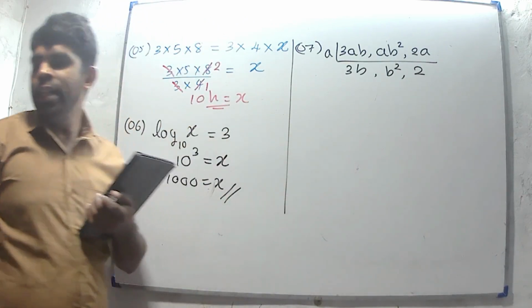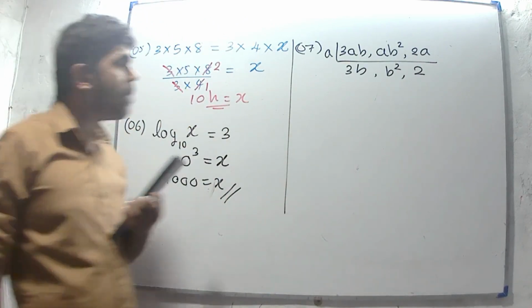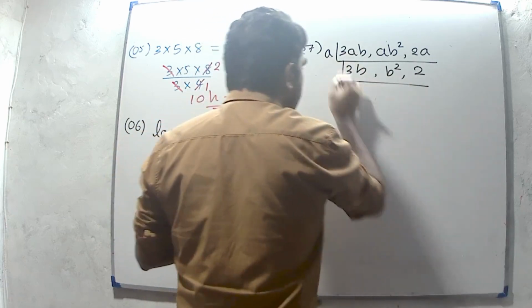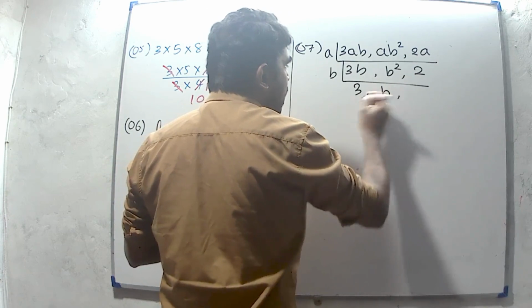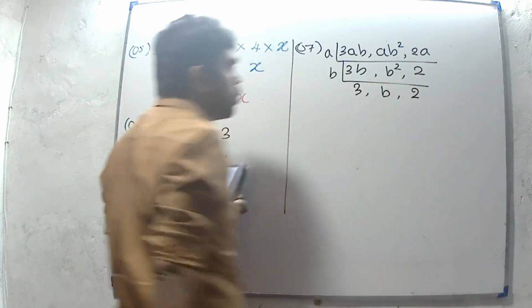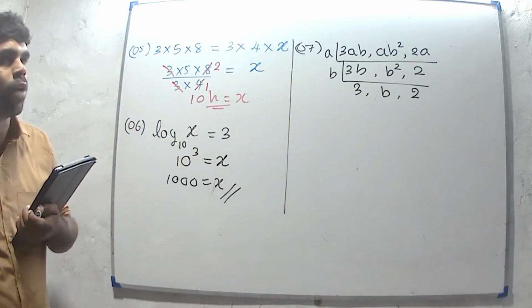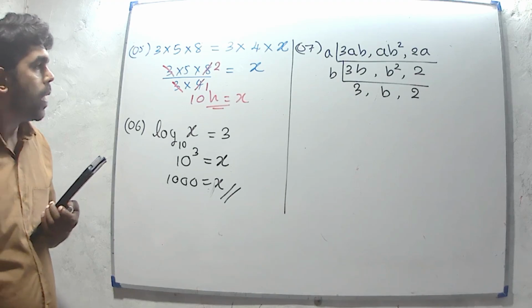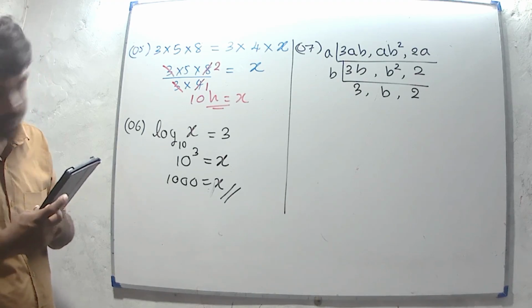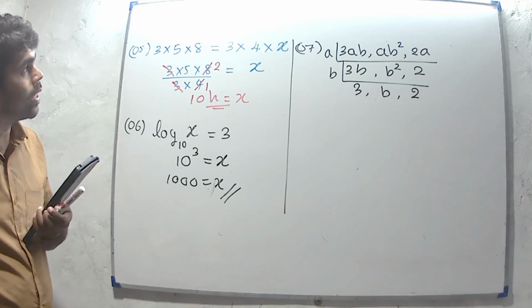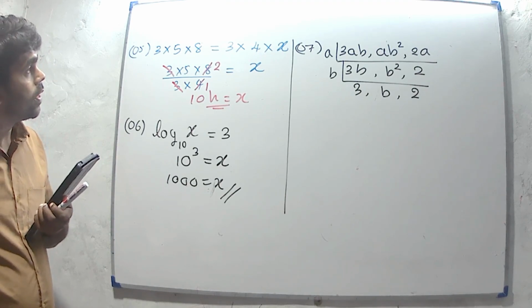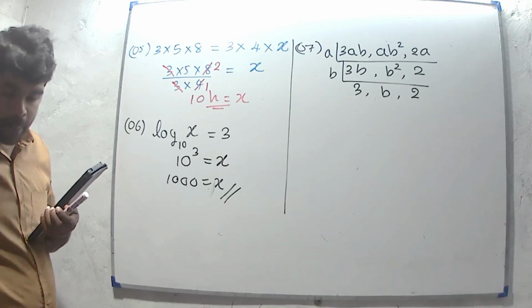Again we can divide two terms by b. 3b divided by b is 3. B squared divided by b is b. We can't divide 2 by b, therefore we write 2 without any change. Now we can't divide two or more terms by a term or number again.